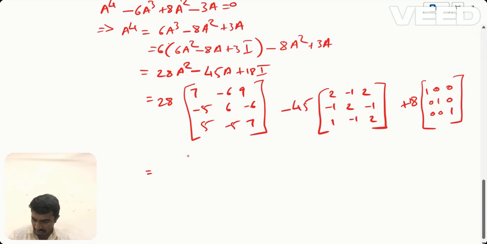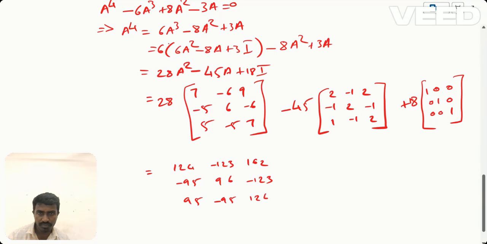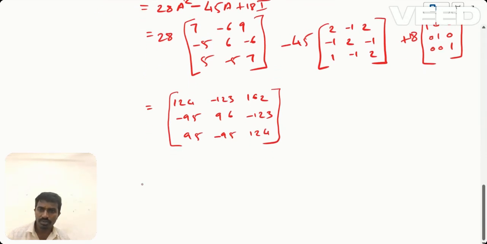After simplification, you will get this answer: 124 minus 123, 162, minus 95, 96, minus 123, 95, minus 95, 124. You can verify it. It's just a simple expression only.